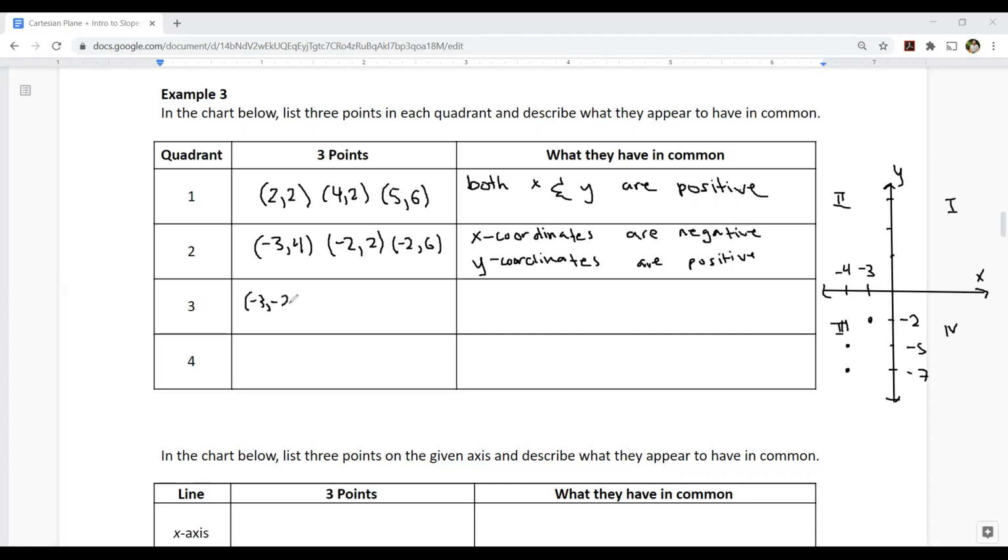I just made these coordinates up. Any points that fall within this quadrant is what you're trying to find. If you have different points compared to mine, that's perfectly okay, as long as you come up with the same answer when you're answering what do they have in common. In this case, you find that the x coordinates and the y coordinates are both negative. So we're going to write both x and y are negative this time.